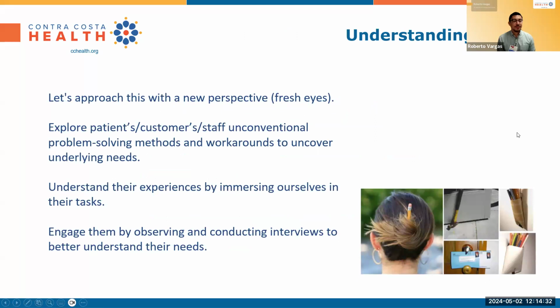All right, so diving deeper into that understanding phase. The big takeaway for this one is I really love the phrase fresh eyes. It's what is happening in front of you, again using the word unmet, that you can experience or hear from that individual with fresh eyes.